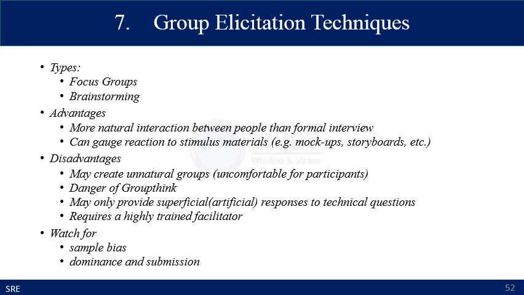Again, sampling bias error is a problem here, and you have to watch for dominant participants and some partners in the group who do not participate, or submissive participants.